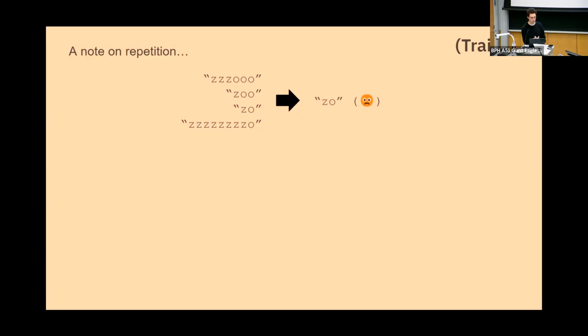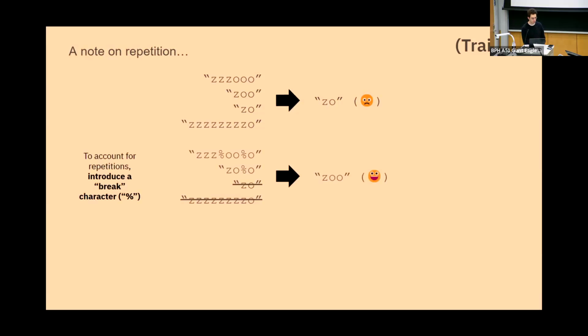Even if we literally have the word zoo, which is the target that we want, it'll compress to something incorrect because the O's come together. The solution to this, which we introduced in class, is to bring in a break character. The notation might change a bit through the recitation, but here I'm just going to use a percent sign as the break character.